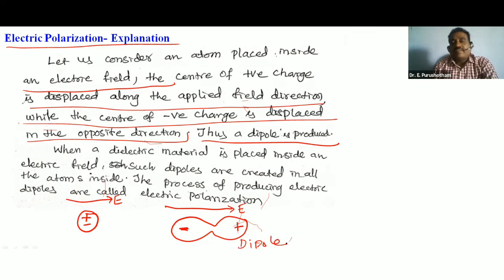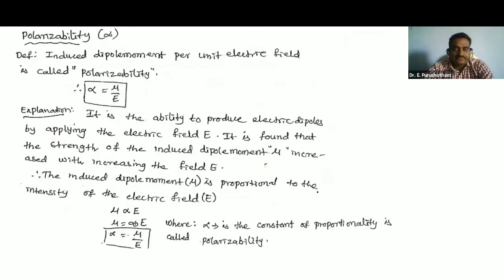When a dielectric material is placed inside an electric field, such dipoles are created in all the atoms inside. So the process of producing electric dipoles is called electric polarization.